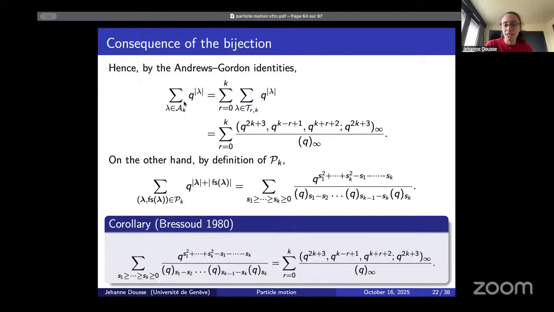And from the bijection, we get that these generating functions are equal, so that this sum is equal to this sum of products. So as a free consequence of our bijection, but using the Andrews-Gordon identities as an ingredient, that's important, we get this identity, which was due to Bressoud, and which has a slightly similar shape to Andrews-Gordon.